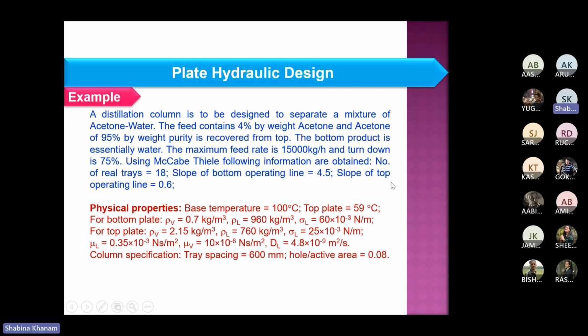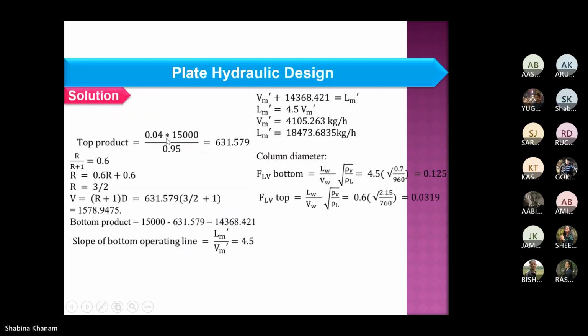So in this way we can have this R by R plus 1, that ratio is the slope of operating line. Okay.